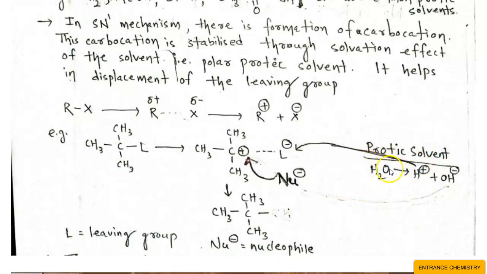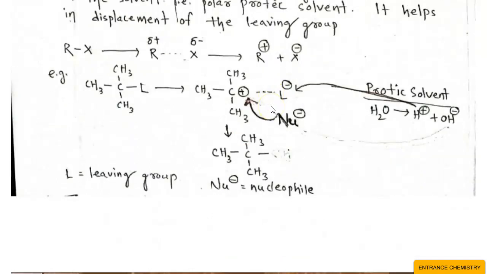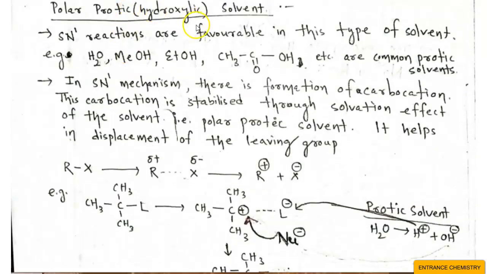Here is H2O, which is a polar protic solvent because it gives proton, and this proton will attach to the leaving group L minus, so that this part will be stabilized. That is, the carbocation will be stabilized. Hence, the nucleophile can easily attack the carbocation to give the product. So we discussed how polar protic solvents favor SN1 mechanism.